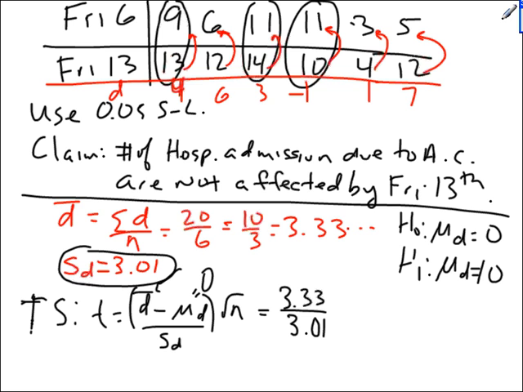Then we multiply this by the square root of N, which is 6. If you crank that out, you get 2.7126. That's the test statistic.